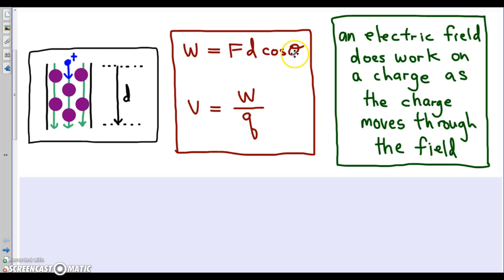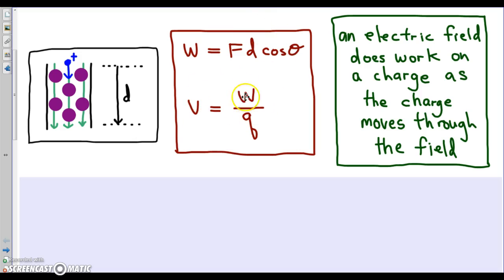Yes. Theta is 0. The force is down, the distance is down, and the angle between down and down is 0 degrees. So yes, the motion, the distance, is in the direction of the force. Specifically, in this example, the force and the distance both have the downward direction. So they're in the same direction.